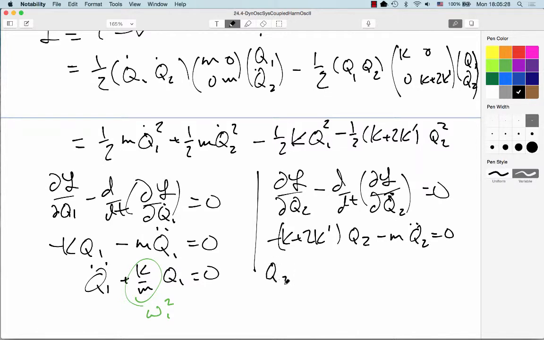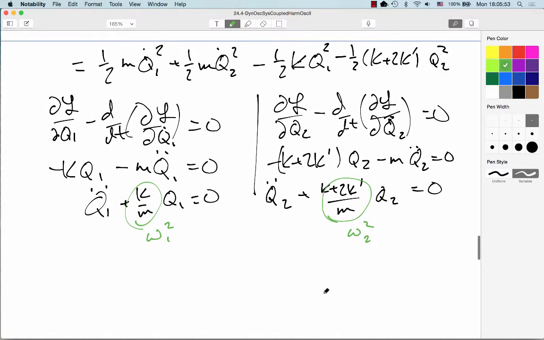So I get Q2 double dot plus K plus 2K prime over M Q2 equals 0. And again, that's a simple harmonic oscillator. I know what to do with that, and that is omega 2 squared. So we get exactly the same results as before, just with a lot less effort.